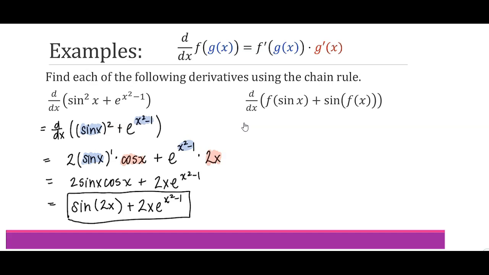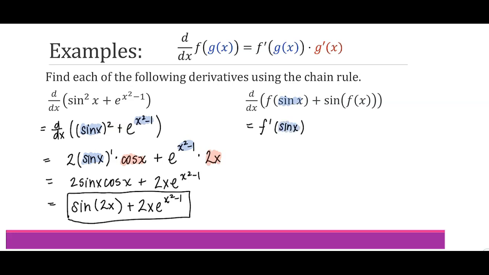Here I'm going to start out by saying I have f of sine x. The inside function is sine x. The outside function is f of x. Now, the derivative of f is simply f prime. So I'm going to write f prime of, and I'm going to keep the inside the same, sine of x.